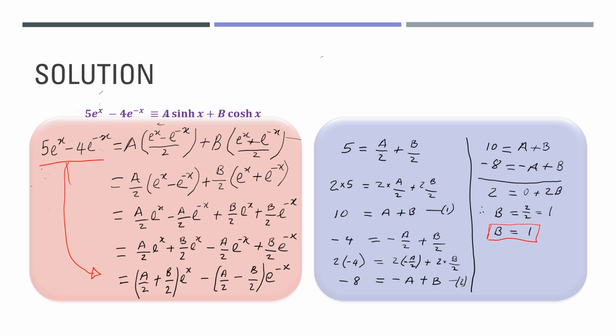And we can put this value of b into any of the equations. We can put it in equation 1. In that case, we are going to have 10 equals a plus 1.